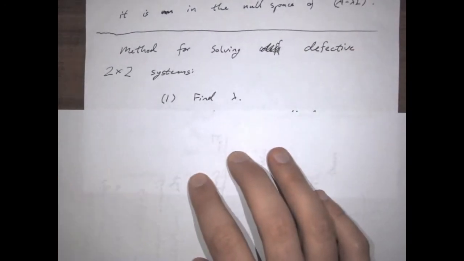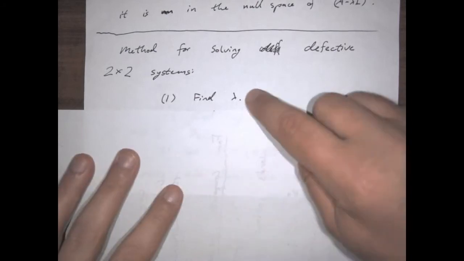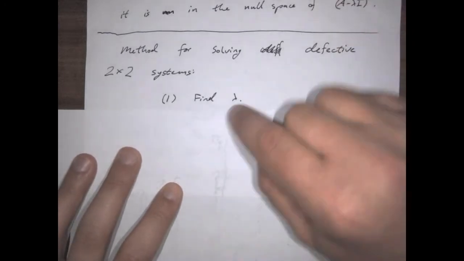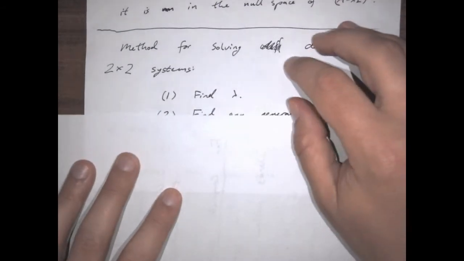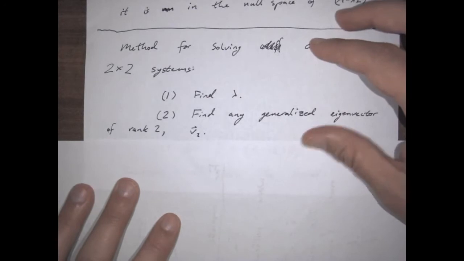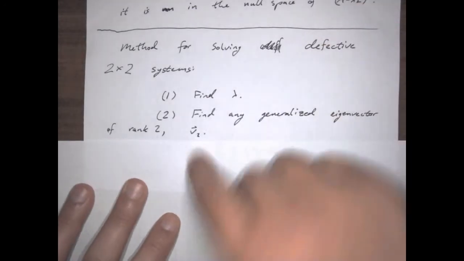So step 1, we've got to find an eigenvalue. We wouldn't even know that we had a defective 2 by 2 system until we found an eigenvalue and found that it had multiplicity 2, and then perhaps we tried to find 2 linearly independent eigenvectors and fell flat on our face. So we find the eigenvalue, and then we find any generalized eigenvector of rank 2, v2.